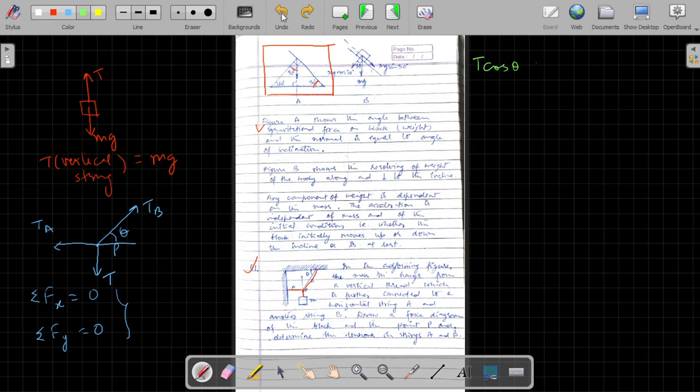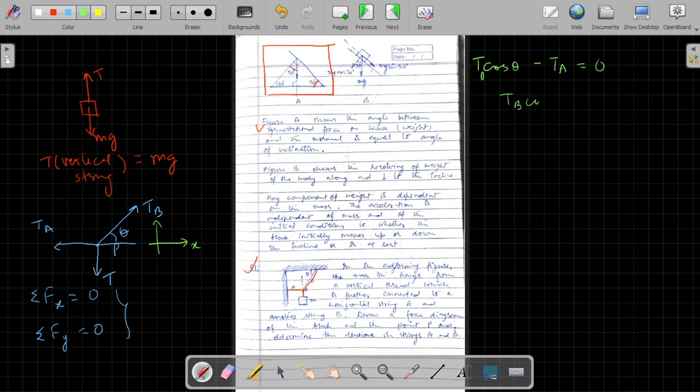If we notice carefully, the tension TB cos theta is acting towards right, and let's say this is positive x direction, and TA is acting towards left, that is negative direction, and the sum of this should be 0.